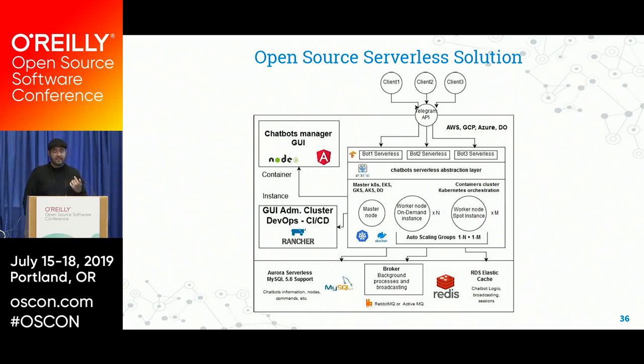In AWS it's called spot instances. In Google Cloud it has another name, but it's the same concept. You can mix your on-demand instances, which are expensive compared to spot instances, to spend less money when you are creating a Kubernetes cluster.